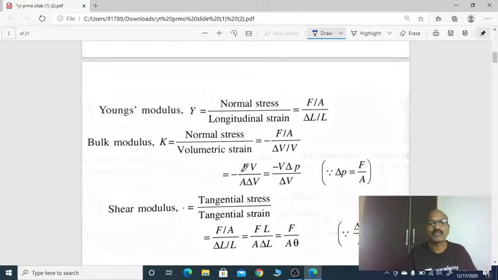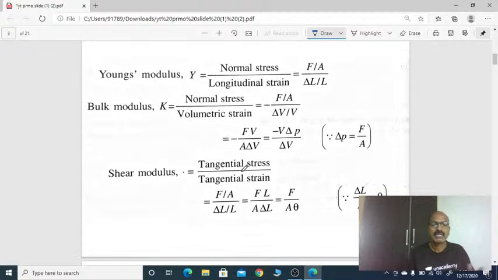Young modulus, we know that there are 3 modulus of elasticity. We all know the basic elastic, plastic. So 3 modulus of elasticity, the main formula you must know: Young modulus, normal stress by longitudinal strain, or simply Young modulus equals stress by strain.